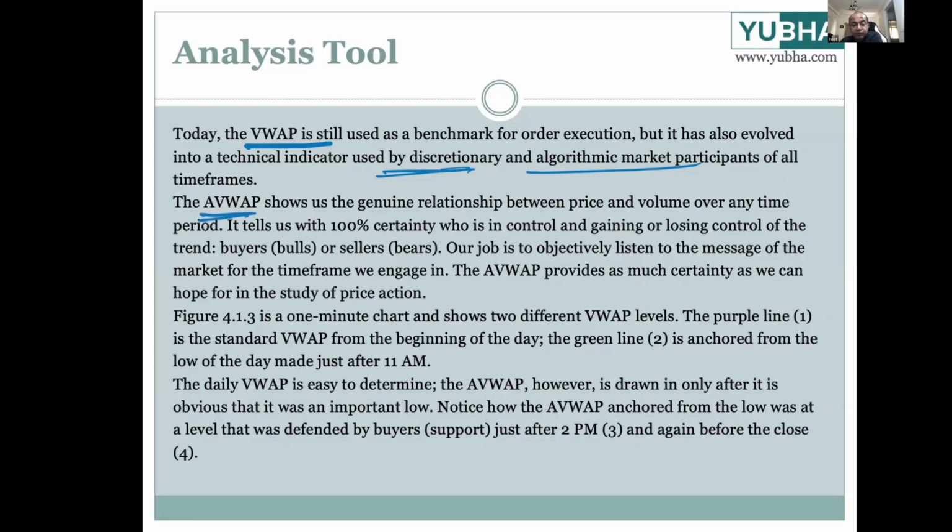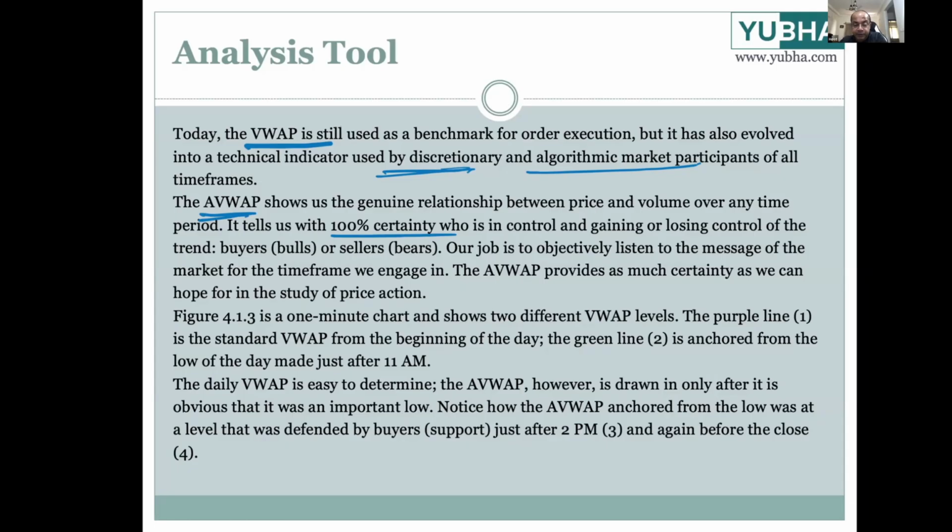AVAP, on the other hand, shows the relationship between price and volume over a particular time period. It's not limited to an intraday. So it tells us with a lot of certainty who is gaining or losing from that particular point.